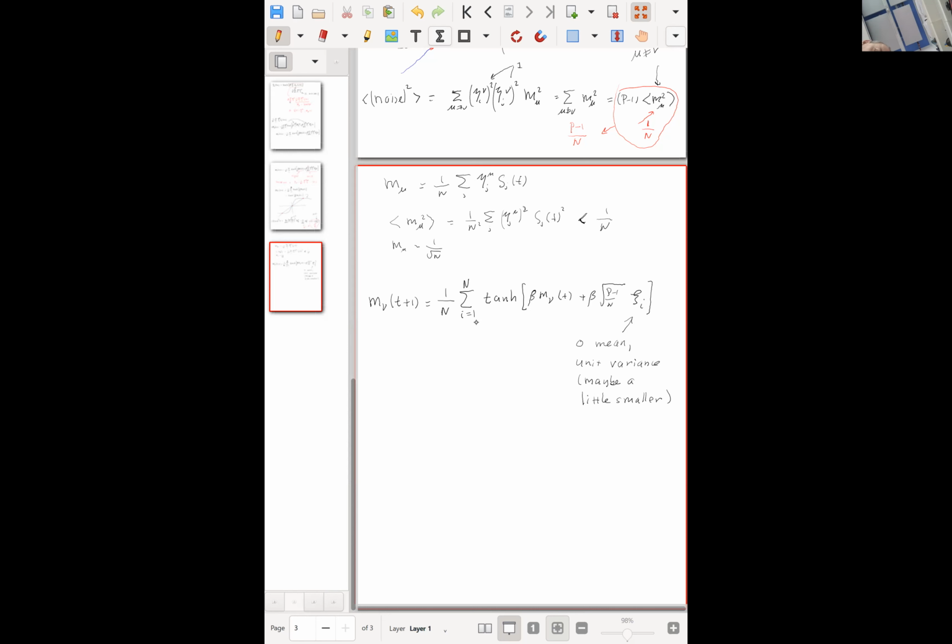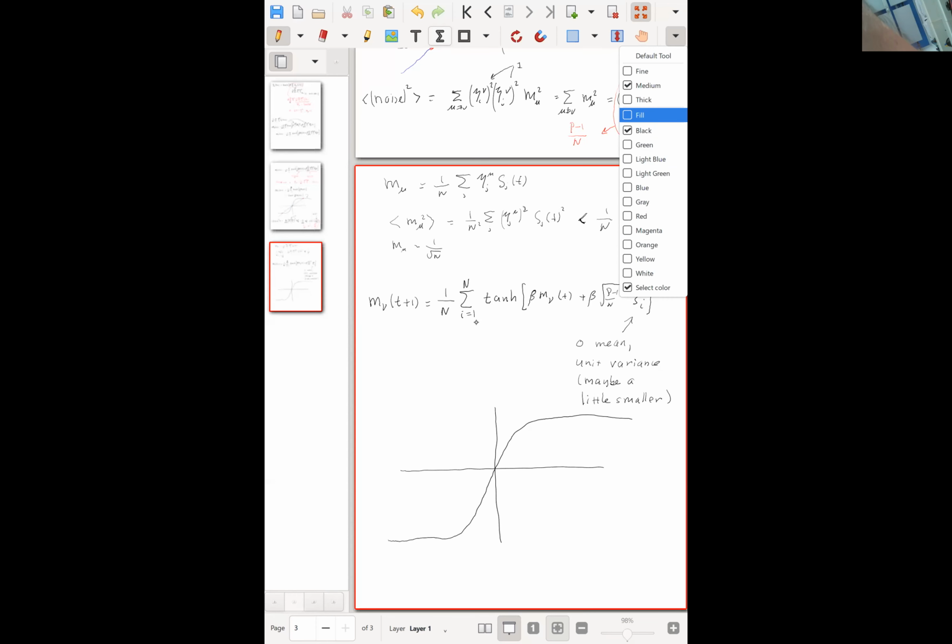Okay, and so what we want to know is what this does to our curve, right? So let's go back to our tangent curve. What I've plotted here, on this axis I'm going to put m nu, and what I plotted is tangent of beta m nu of t.